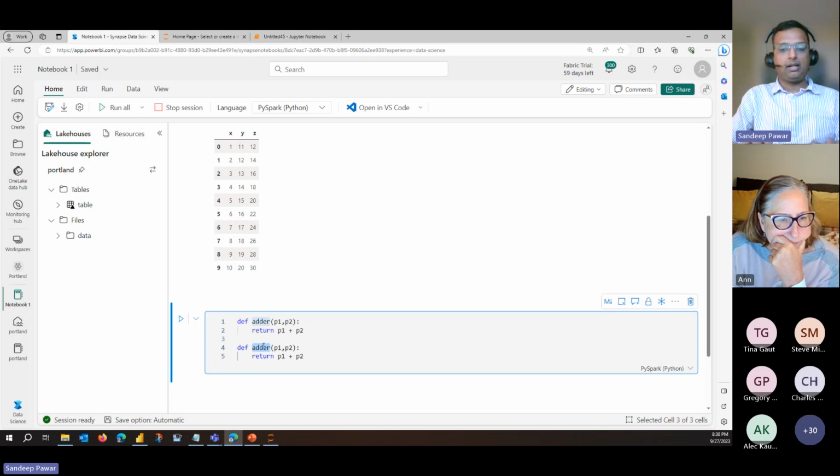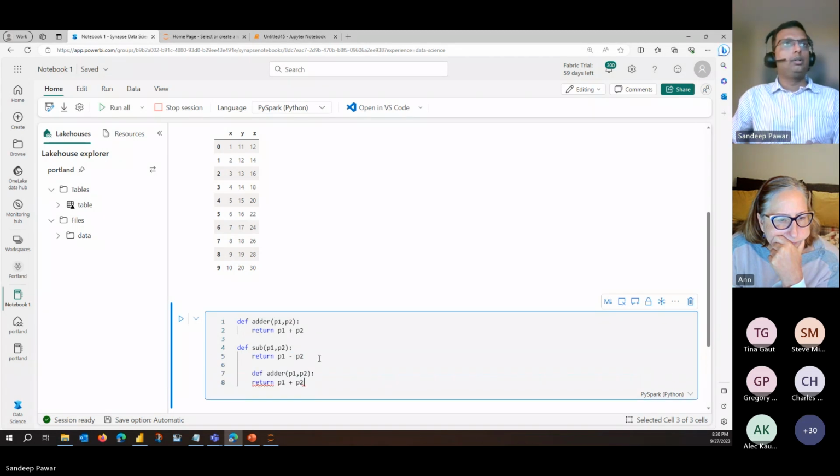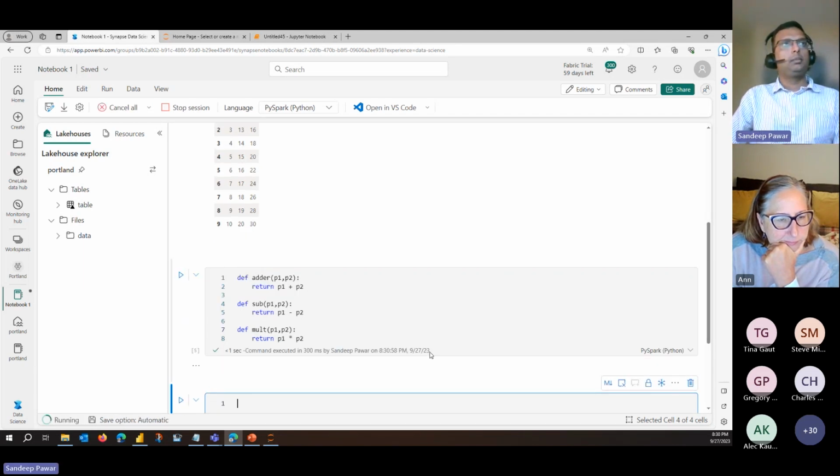Maybe it is a subtractor, so I'll say subtractor, P1 minus P2. Or the third option, you can have as many as you want, but for this one, maybe the third one is a multiplier. So we'll just say mult. It accepts two values, P1 and P2, and it'll be P1 multiplied by P2. And then we'll confirm if any of that works.